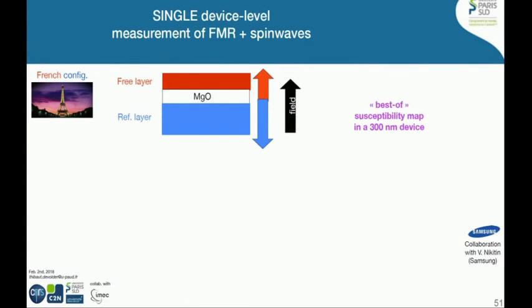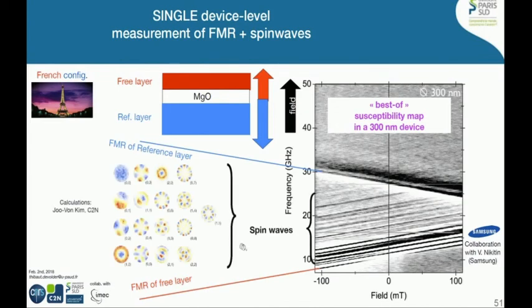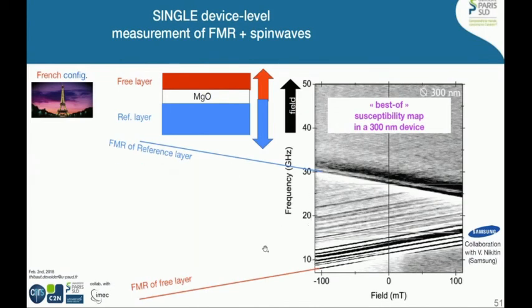And the reason for doing that is that when you measure spin wave spectra, so now that's frequency versus field, and the intensity is black when you hit a spin wave mode, if you work in this French configuration, it's very nice, because the FMR of the free layer is increasing with the field, while the FMR of the reference layer is decreasing with the field, just because they are antiparallel to each other. So you immediately see from the mode spectroscopy what layer you are really analyzing.